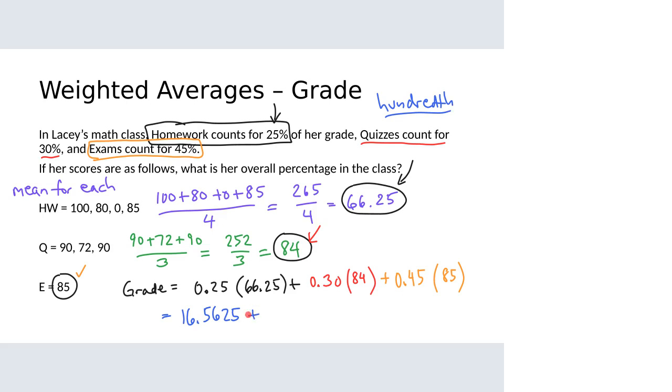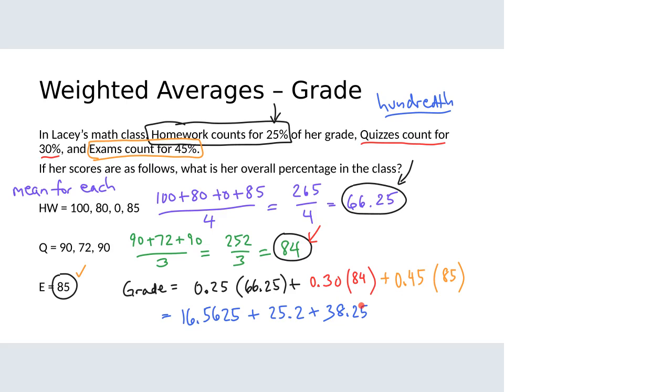Okay, and then let's see. 0.3 times 84 is 25.2. Then finally, 0.45 times 85 is 38.25.